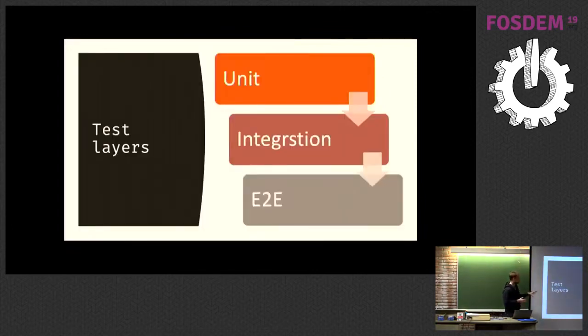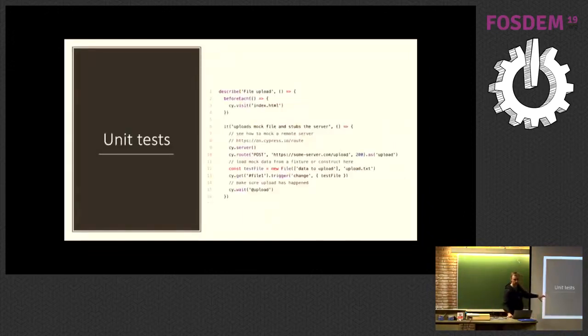So talking about different layers, unit, integration, and end-to-end layers, let's go a little bit in depth there. This is how the test looked like. As I said, Mocha syntax. You describe your test case. Before each test execution, you visit the page, index.html.